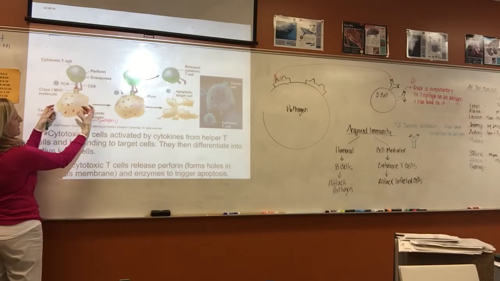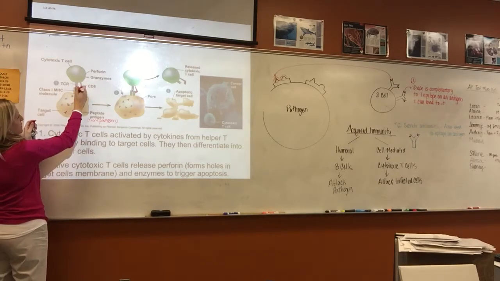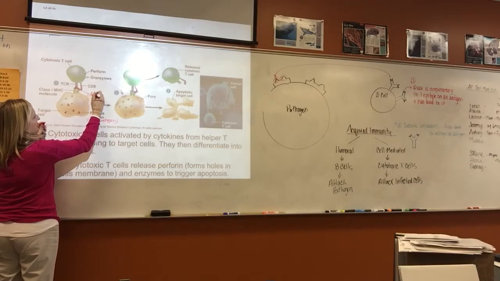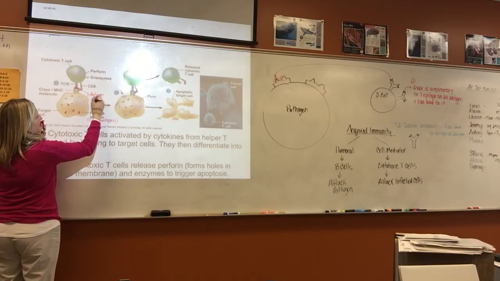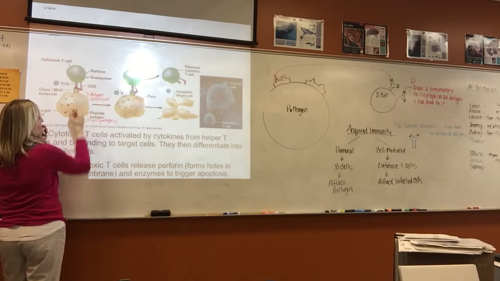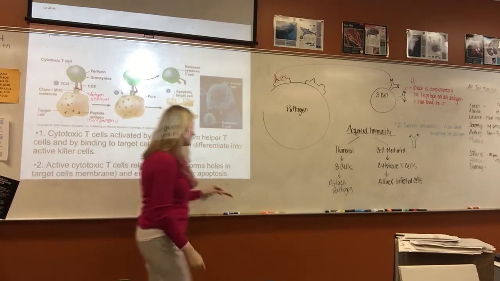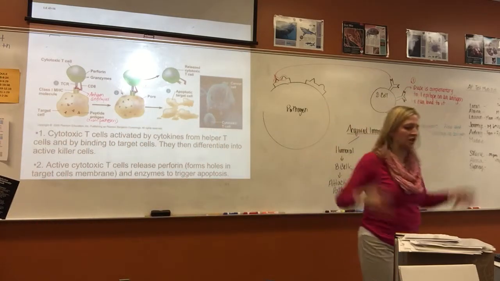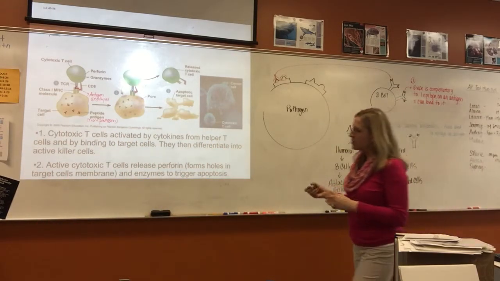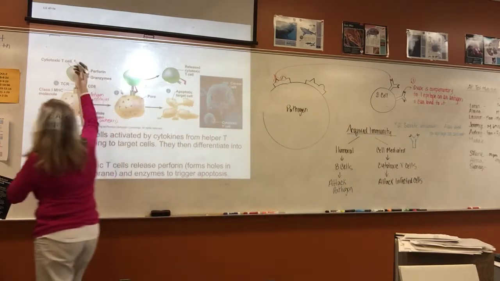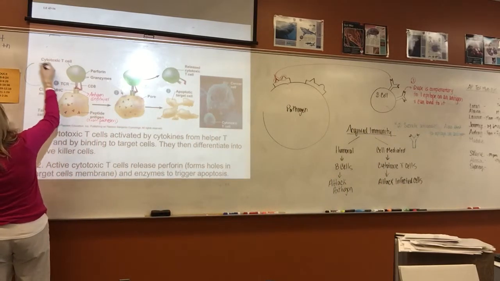So the MHC molecule binds to it and displays this. So this is the antigen displayed. And the antigen is from the pathogen. And so this cell now has this foreign antigen displayed on it. A normal cell won't have that.